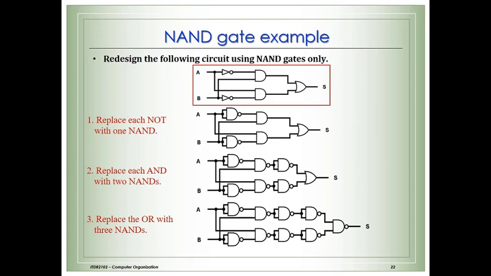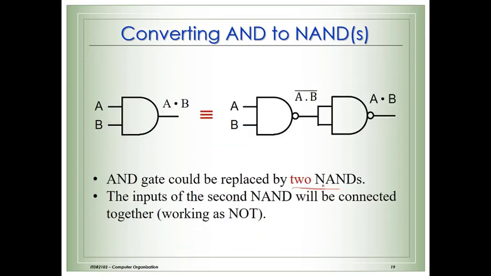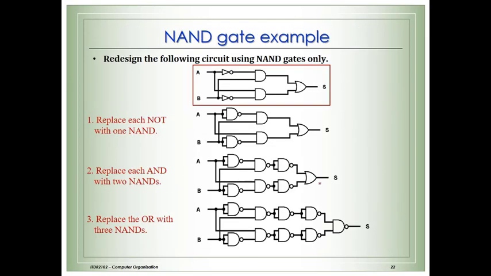After that, we discussed that one AND is equivalent to two NAND gates. So wherever the AND gate is there, replace AND with 2 NAND gates. So this was AND gate, we are replacing this with 2 NAND gates. This AND gate we are replacing with 2 NAND gates, correct?